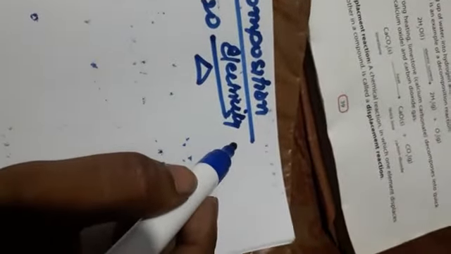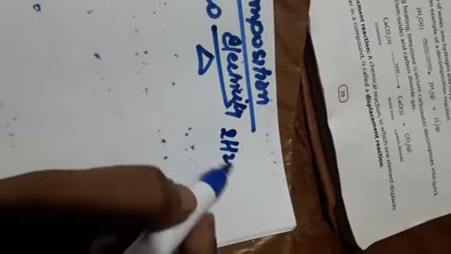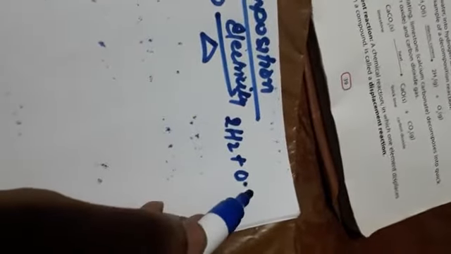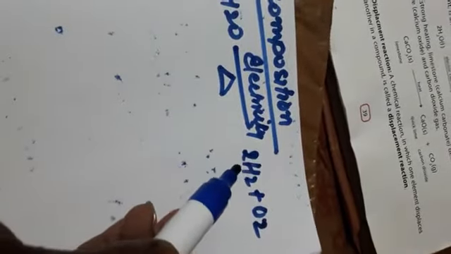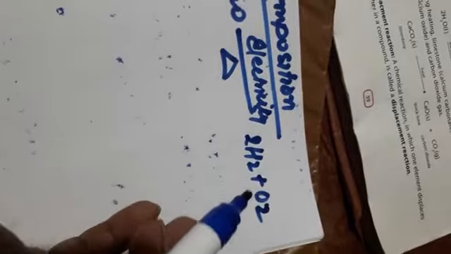As for example, 2H2O, when electricity is passed through it by electrolysis, is broken down into 2H2 plus O2. So the water is decomposed by electricity into hydrogen and oxygen.